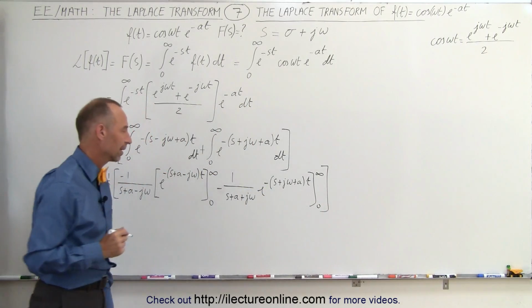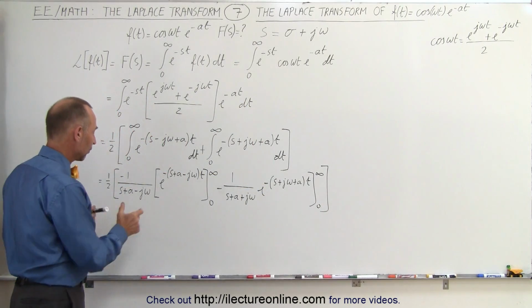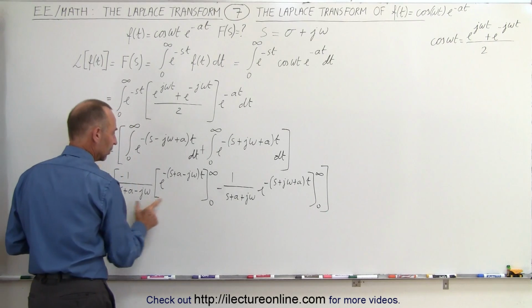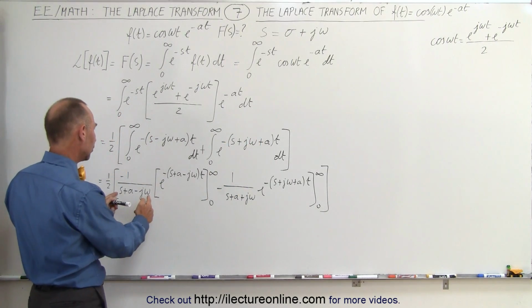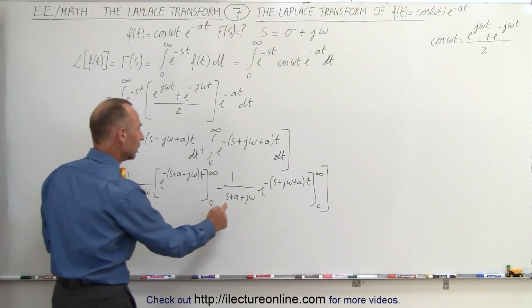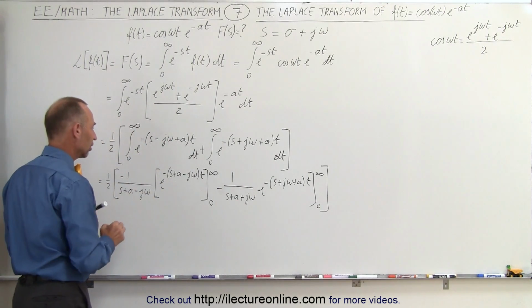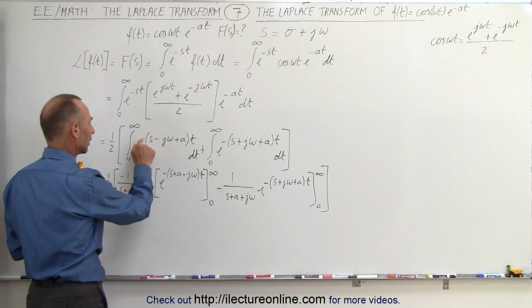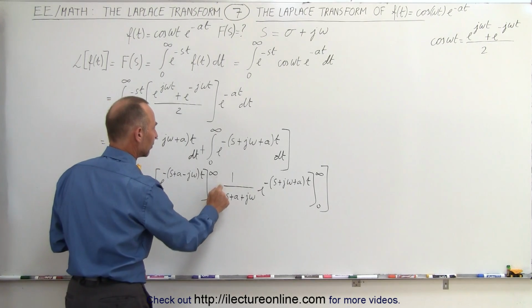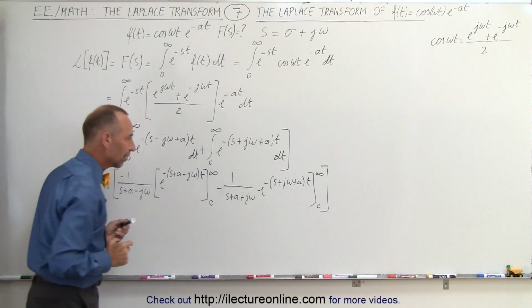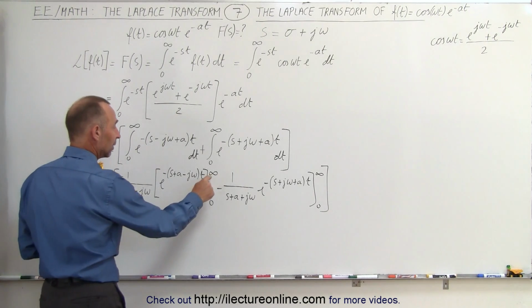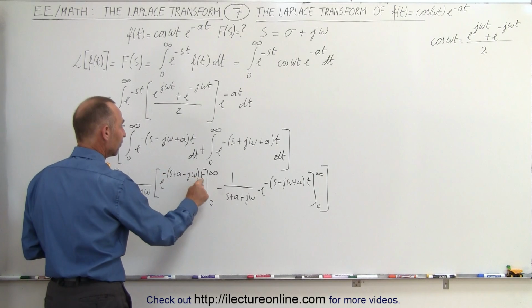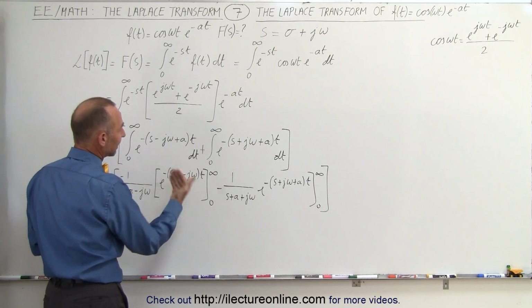Close brackets. All right, so what we've done is, of course, we end up with these two denominators because we need the proper differentials. Make sure we have that correct. s plus a minus j omega, s plus a plus j omega looks good. We have the minus 1 because of this minus right here, and the minus because of this minus right there. Very good. Evaluating these two now, what do we get? If we plug in infinity, we get e to the minus infinity, that is 0.